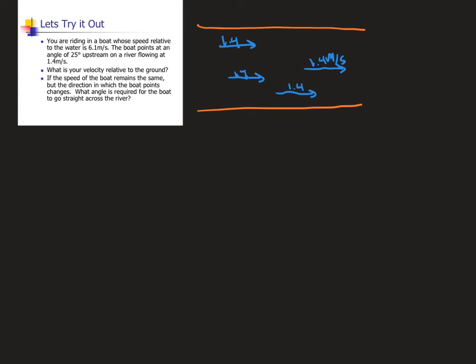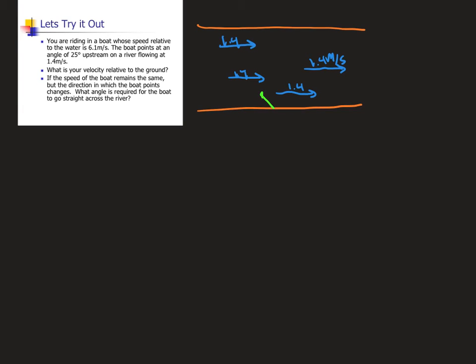Now our boat, we'll make that a different color here. Our boat is going upstream, so it's going against the current a little bit, but it's 25 degrees upstream on a flowing river, meaning it has an angle pointing.